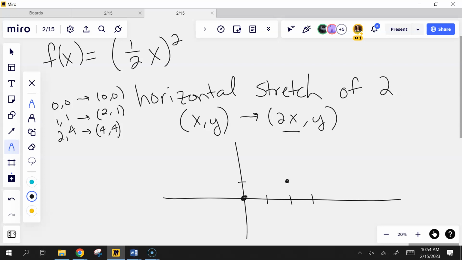And 4, 4. Again with the reflection. Does that look like a horizontal stretch? If you could take that horizontal axis and stretch it out, is that what looks like happened? Yes, because it's wide.